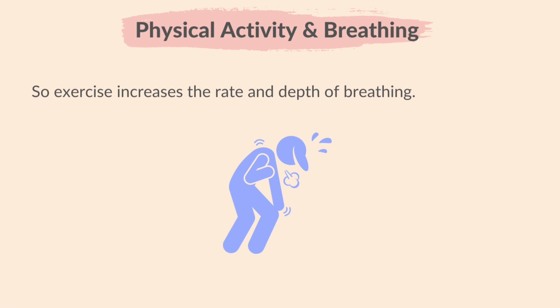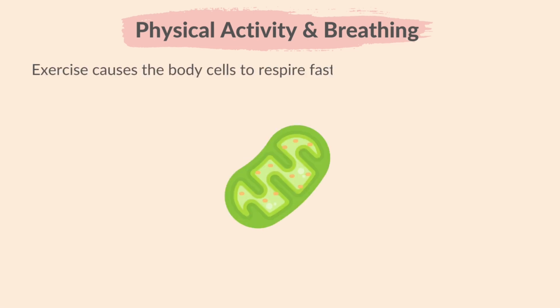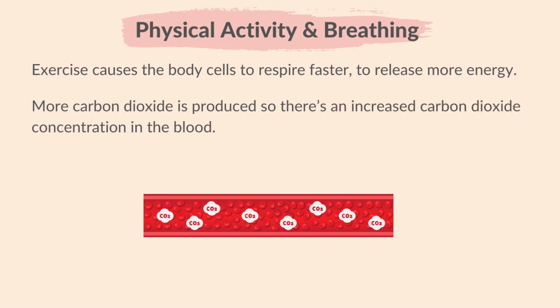So, why does exercise increase the rate and depth of breathing? Exercise causes the body cells to respire faster to release more energy. More carbon dioxide is produced, so there's an increased carbon dioxide concentration in the blood.